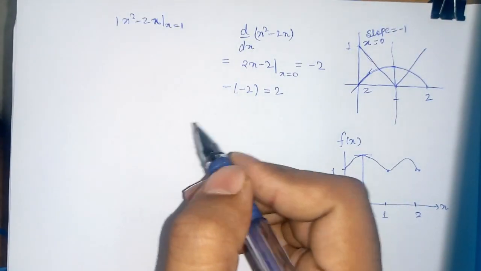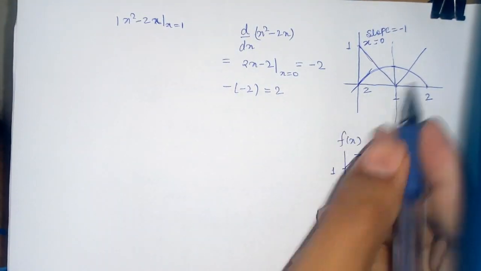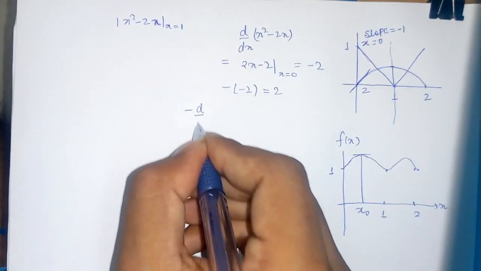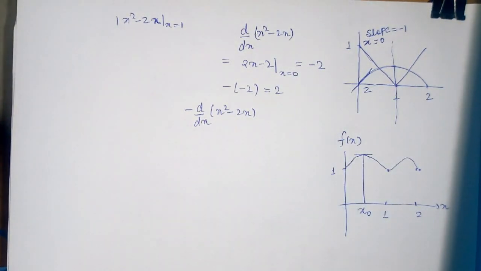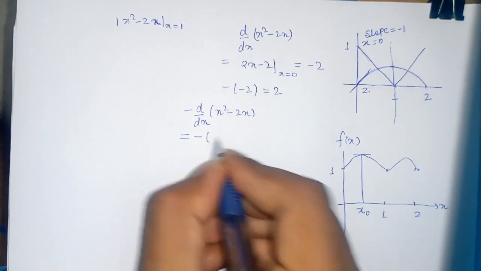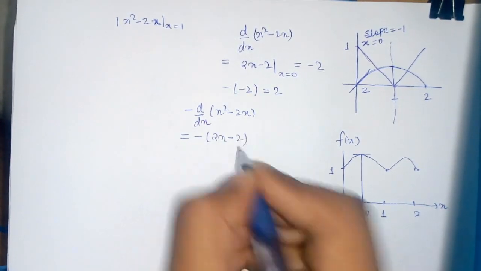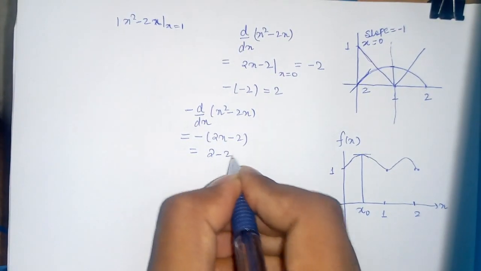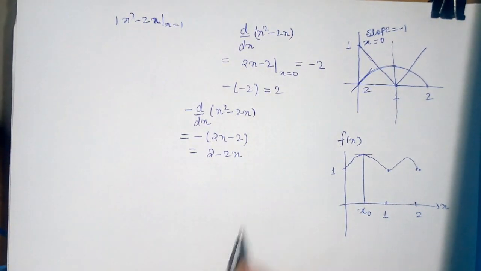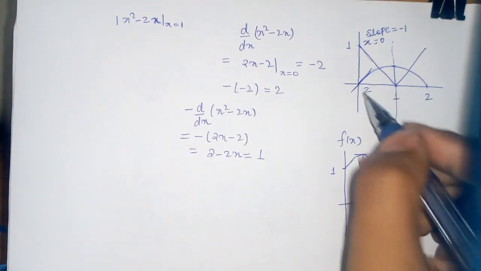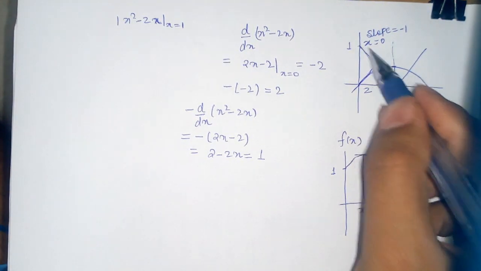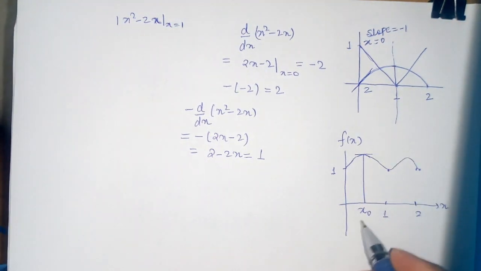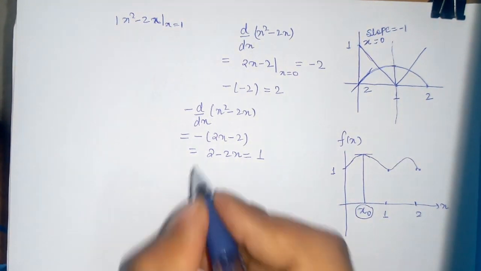The slope of the inverted parabola is −d/dx of (x² − 2x), which is −(2x − 2), which is 2 − 2x. So when this is 1, that is the rate at which it is rising is 1, which is equal and opposite to the rate at which this line is falling. That point would be x0.